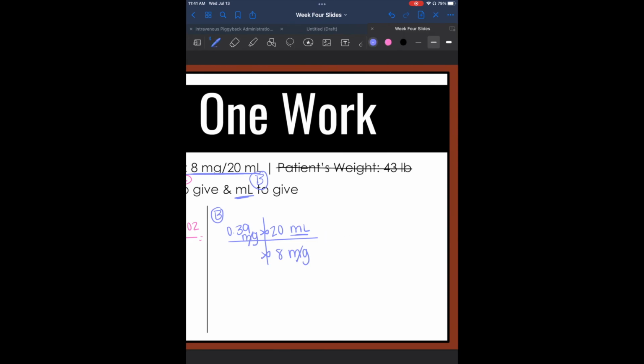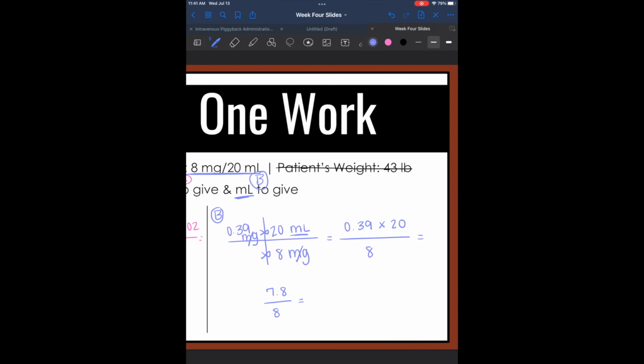Which is going to give us 0.39 times 20 divided by 8. So 0.39 times 20 will give us 7.8 divided by 8, which is going to give us 0.975 on the calculator.